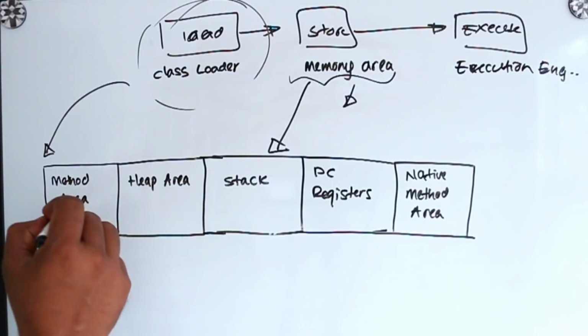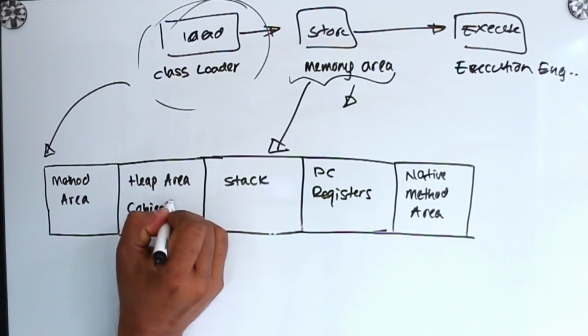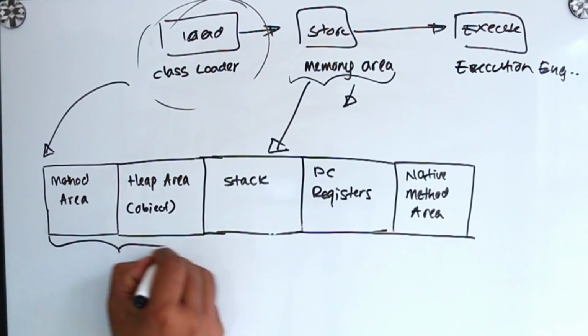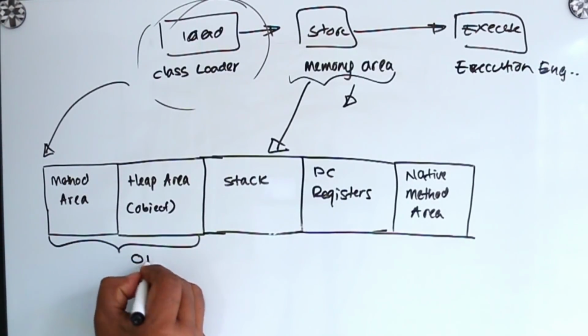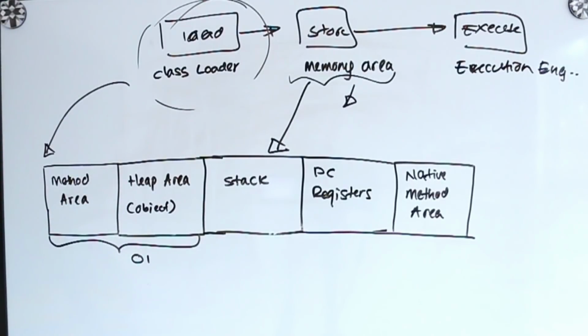When you load this class, all the instance objects and their data will come here. For each and every JVM you only have one method area and one heap area. Stack and PC registers are different.